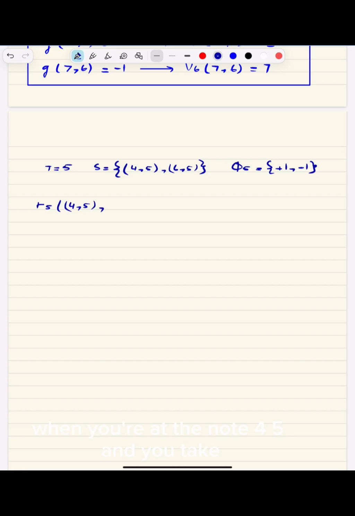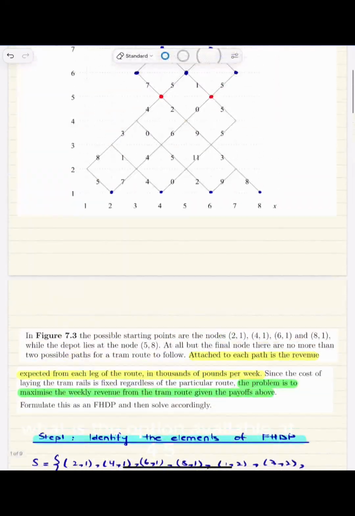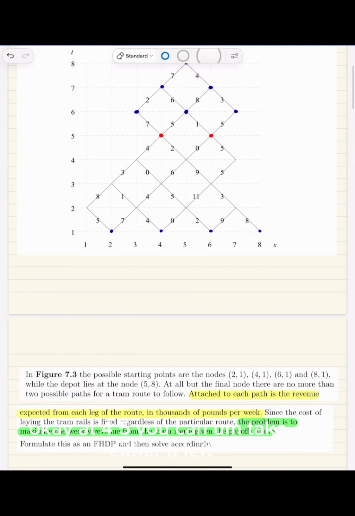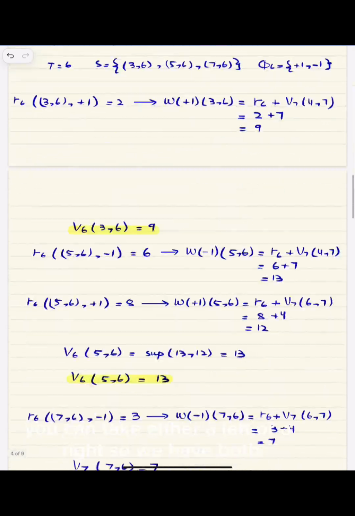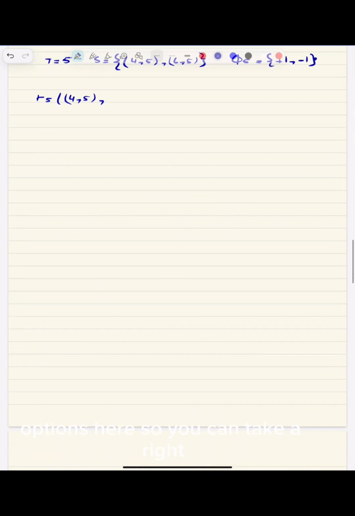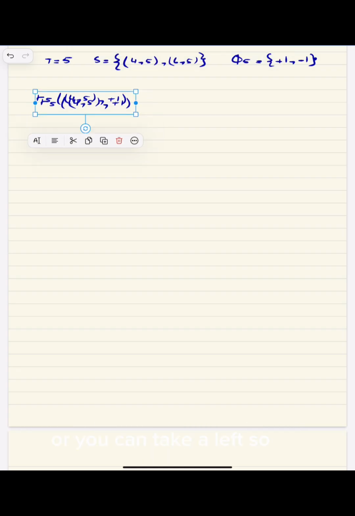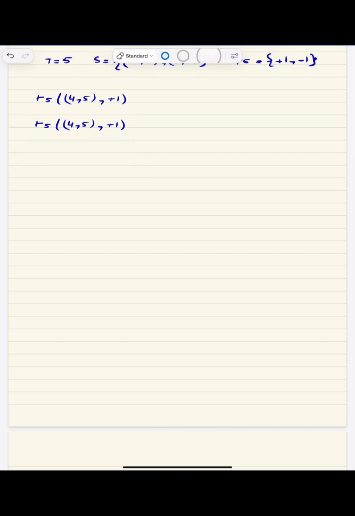What is the option available at 4 5? At 4 5 you can take either a left or a right, and even at 6 5 you can take either a left or a right. So we have both options here.